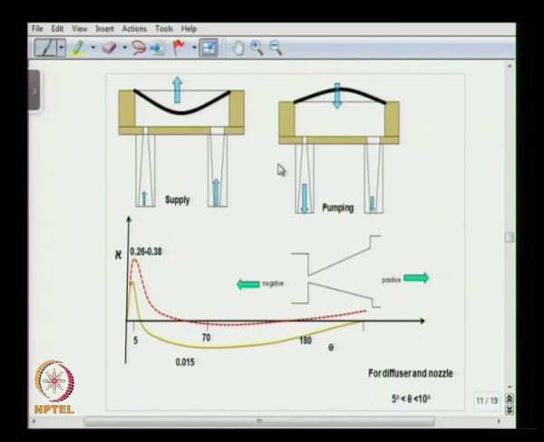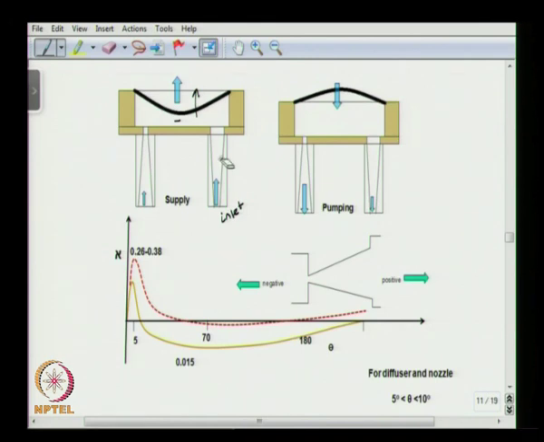and what happens is when the membrane is trying to move up, as you can see here, then it creates a negative pressure inside the chamber. So this is the inlet, and that is the outlet. When the negative pressure is created here, the liquids move from the inlet into the chamber, also some liquid moves from the outlet into the chamber.